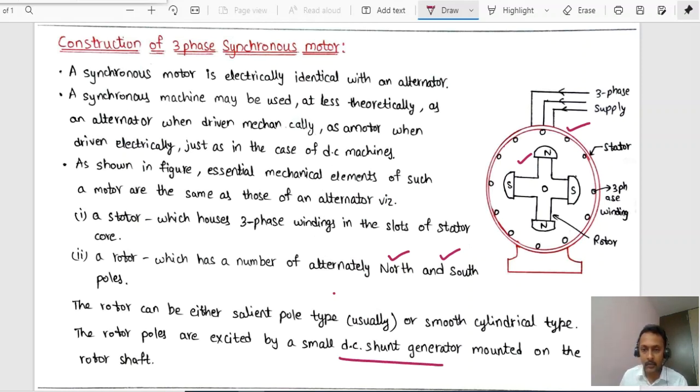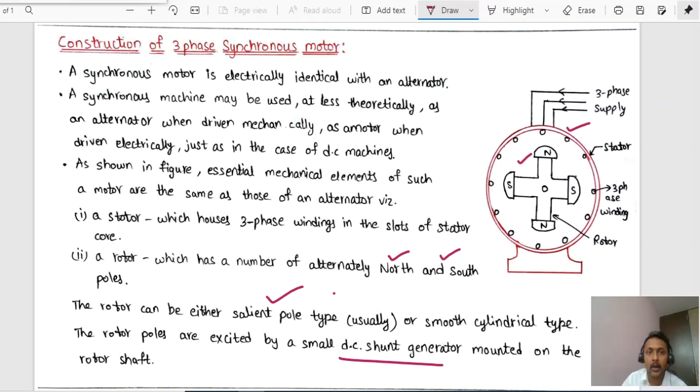Because of that, magnetization of the poles will happen. In some machines, there will also be permanent magnets, right? This rotor can be either salient pole type or smooth cylindrical type. These are the two possibilities we have.